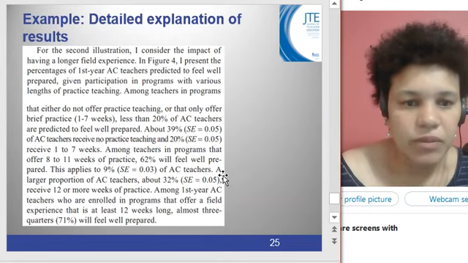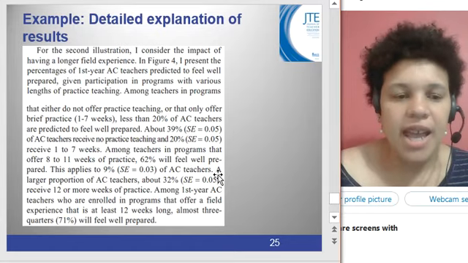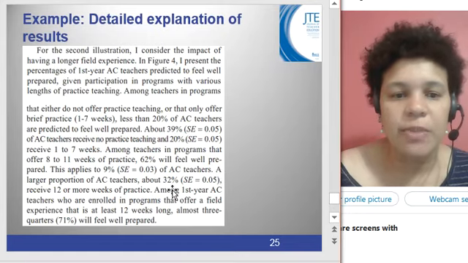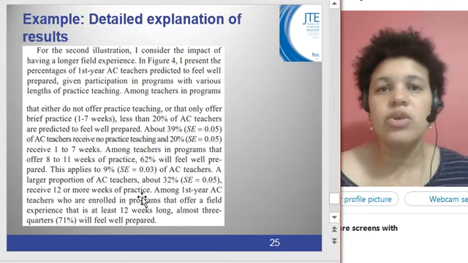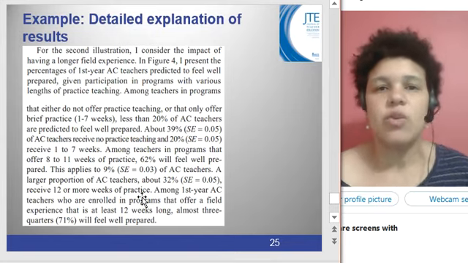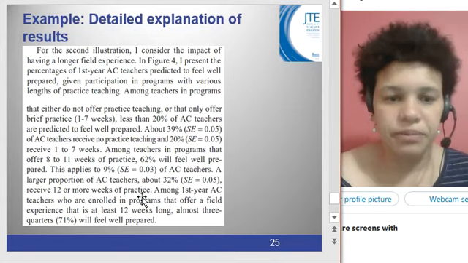So we saw that graph, right? In the text, I write that a larger proportion of alternatively certified teachers, about 32%, receive 12 or more weeks of practice. And this would be alternatively certified teachers whose first year of teaching was considered practice and they were getting feedback during their first year of teaching.